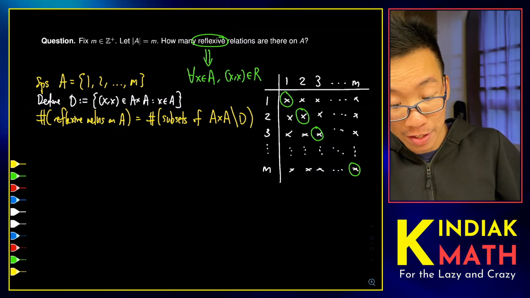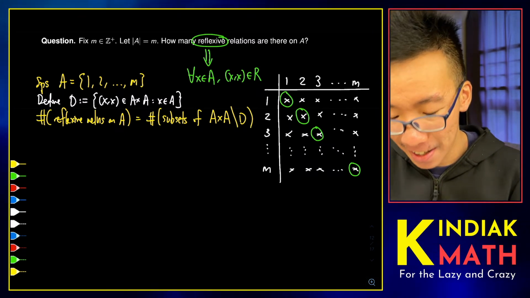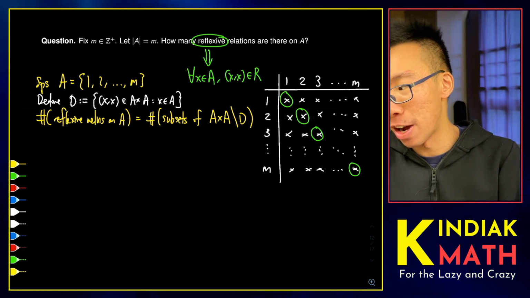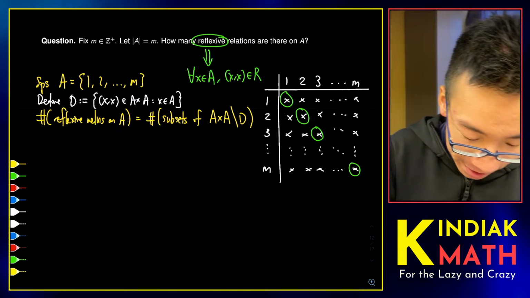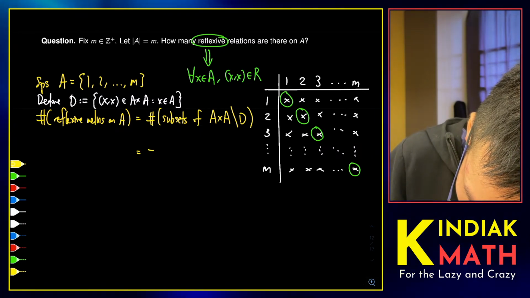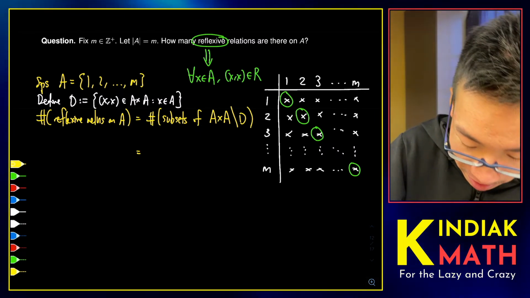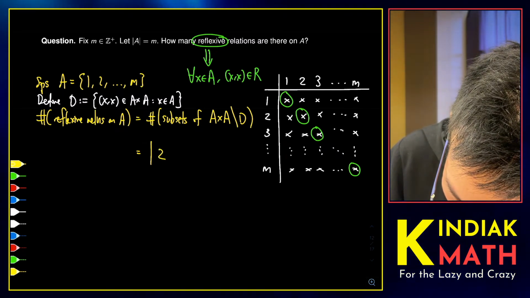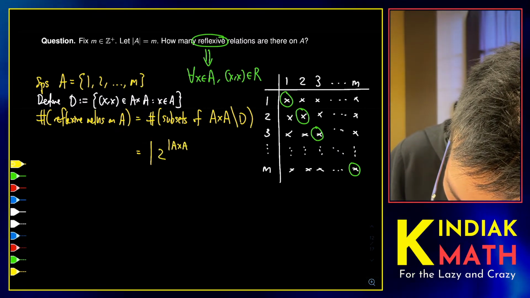So we basically want to find the number of subsets of everything else but the diagonal, and that simply means that it's the number of subsets. So then ours is 2 to the number of elements in A cross A excluding D.